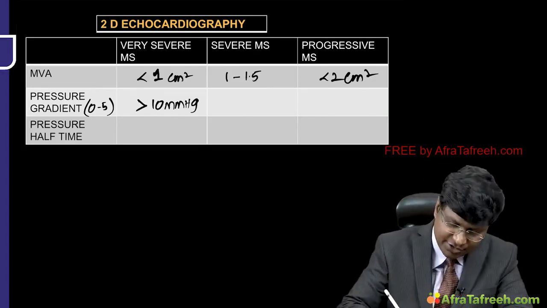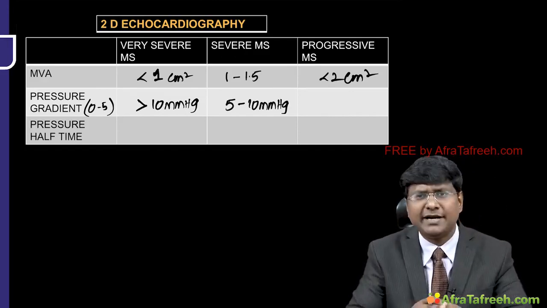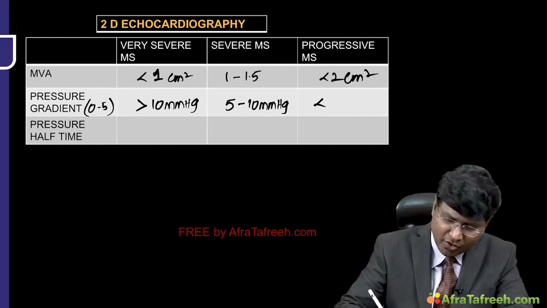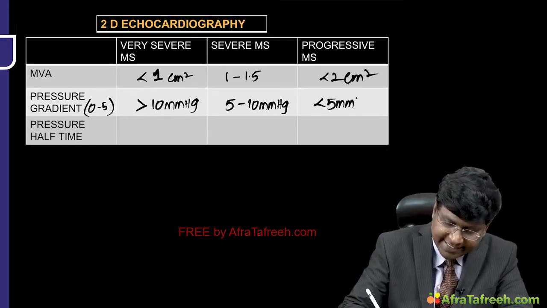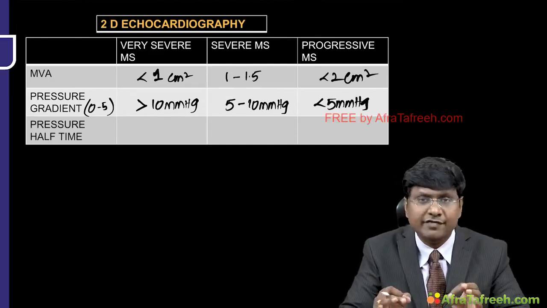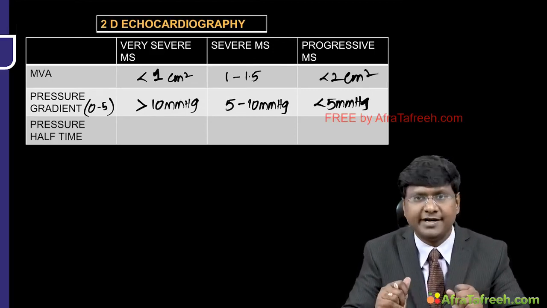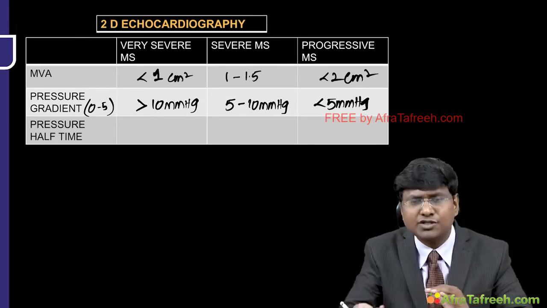Whereas in severe mitral stenosis, it will be around 5 to 10 millimeters of mercury. In progressive mitral stenosis, it will be almost near normal, less than 5 millimeters of mercury. So we will not be able to decide progressive mitral stenosis based on the pressure gradient.